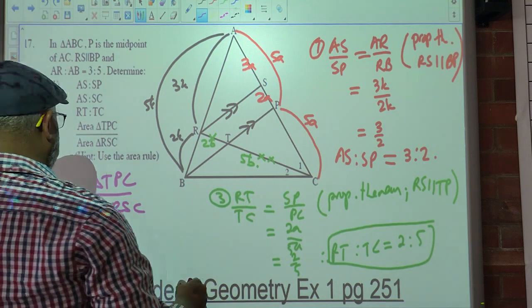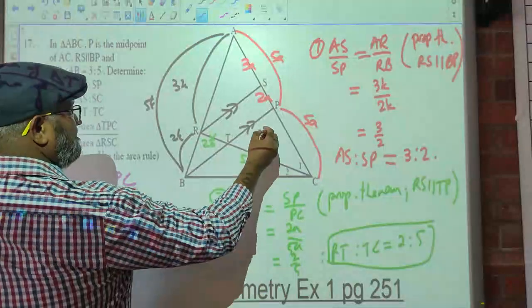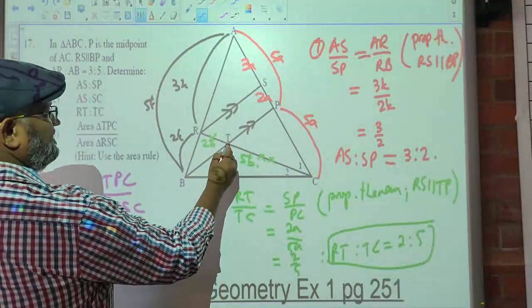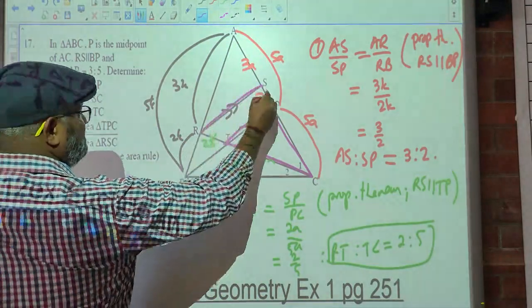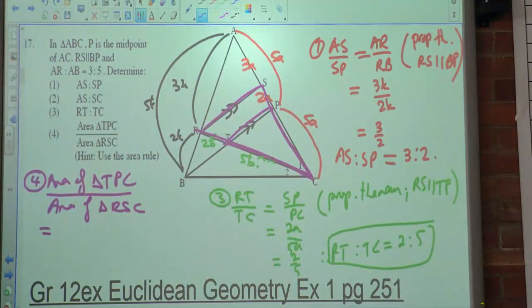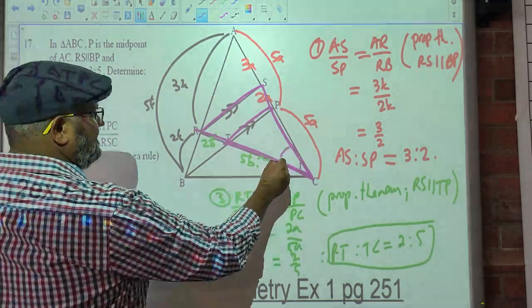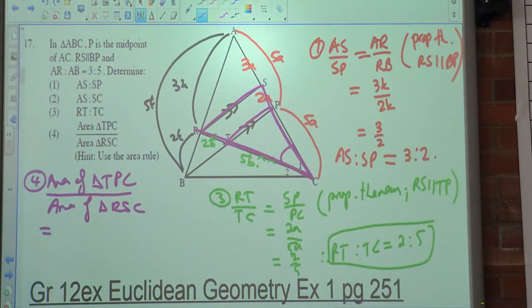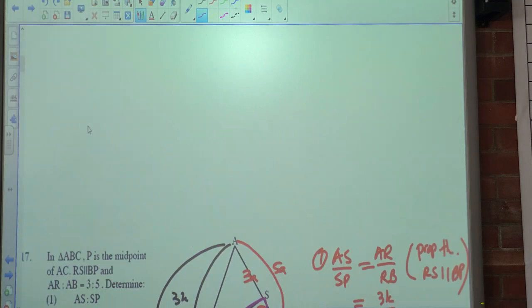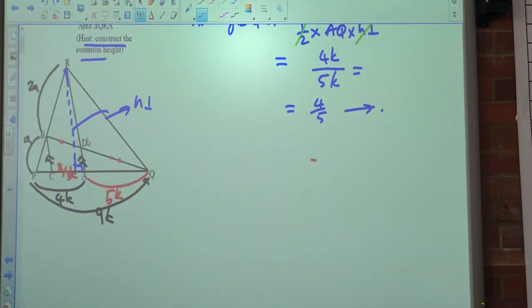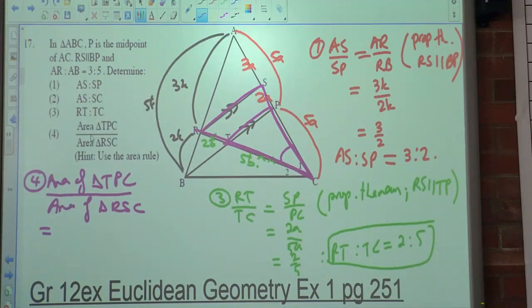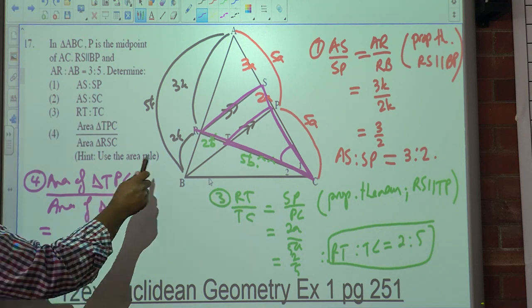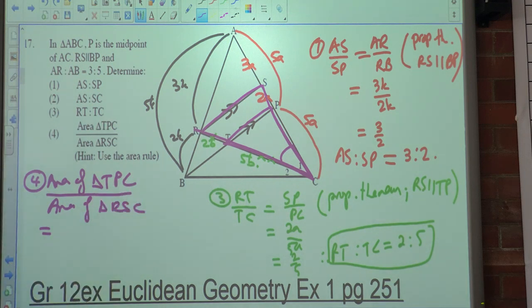So if you look at triangle TPC and RSC, what do you notice? We have a common angle. In the previous sum we had a common height. So the one is a common height and the other one is a common angle when you work with this type of sum. Okay. So here we have a common angle, which is C1.